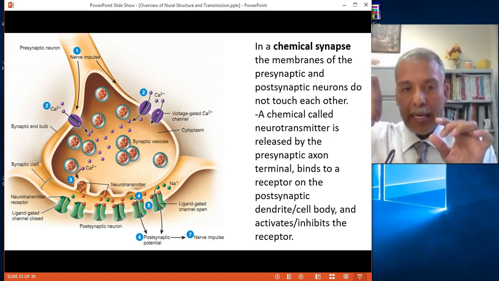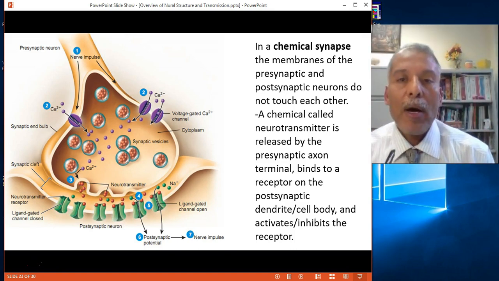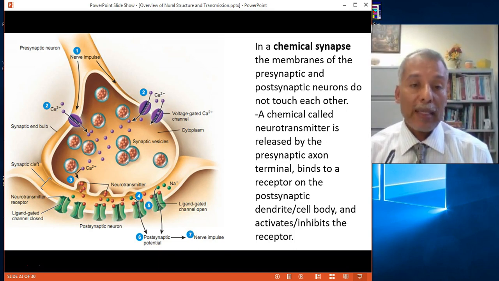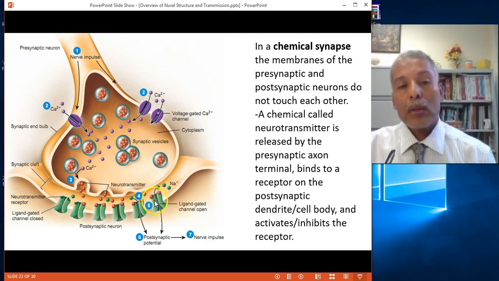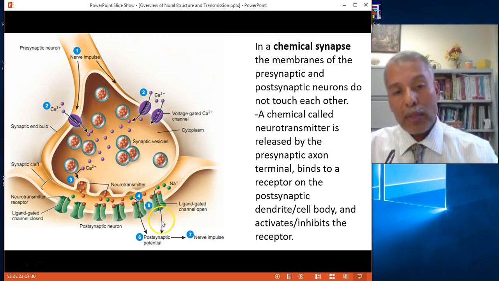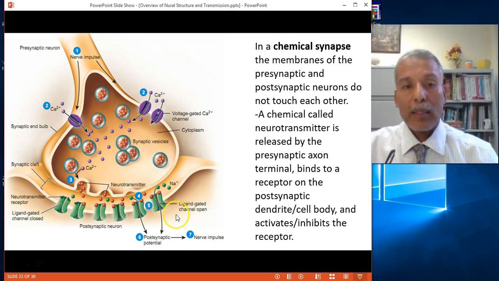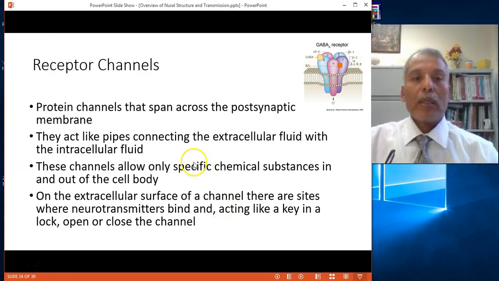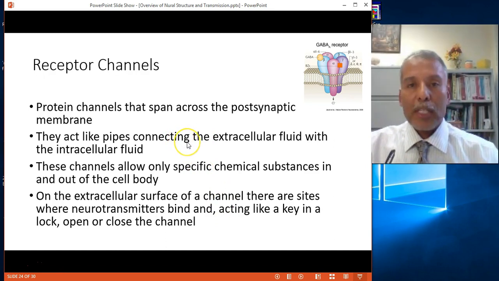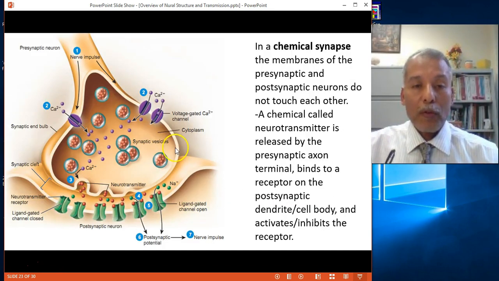Once it fits in, it is going to do its job by opening or closing that channel to allow ions like sodium, calcium, potassium, chloride, and so on. So now let's look at the structure of receptor channels, just to give you a piece of information.